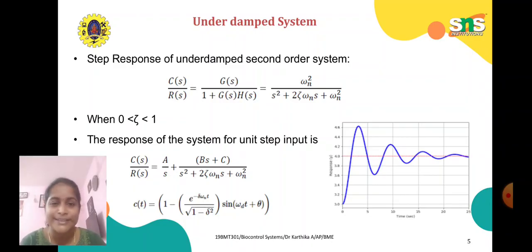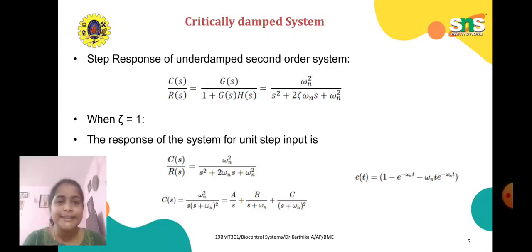These are all derivations, so we have to consider this. The final output is C of t equal to 1 minus e power minus del omega n t divided by root of 1 minus del square multiplied with sine omega d t plus theta. See how the output oscillations are represented here.